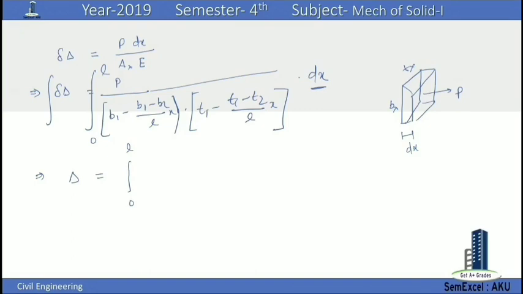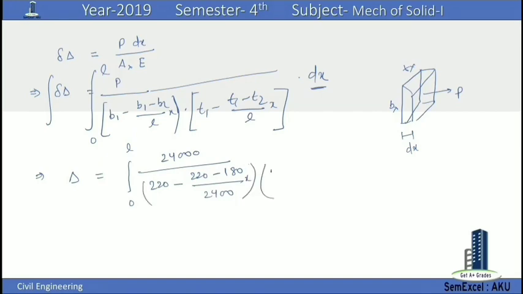So it will be equal to 2400 by B1 is 220 minus 180 by length 2400 into x.